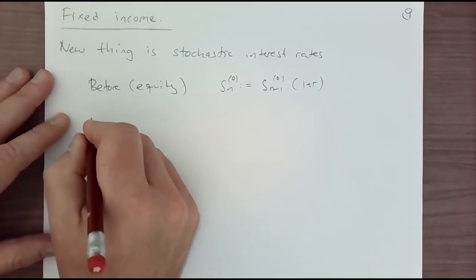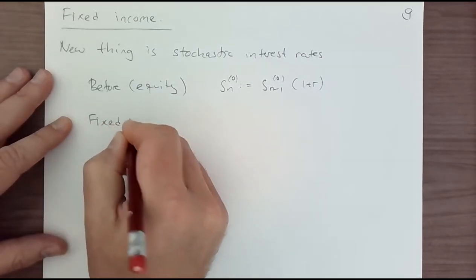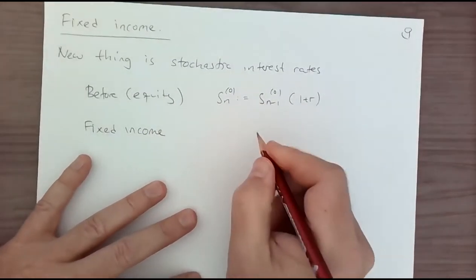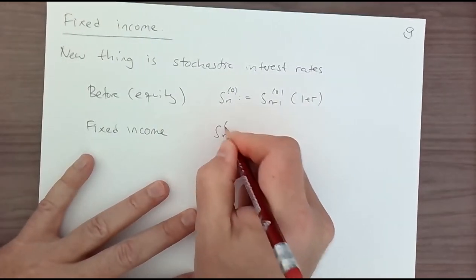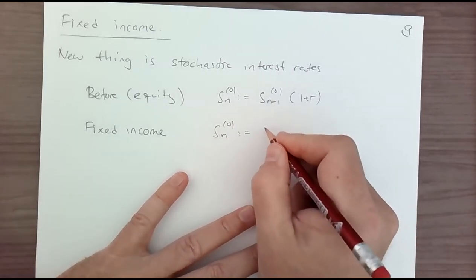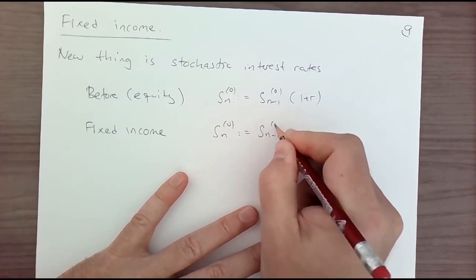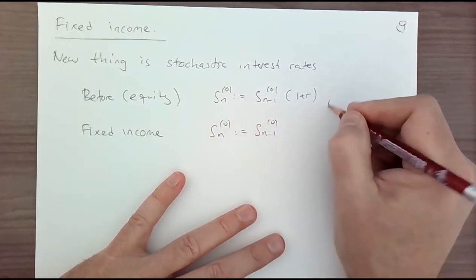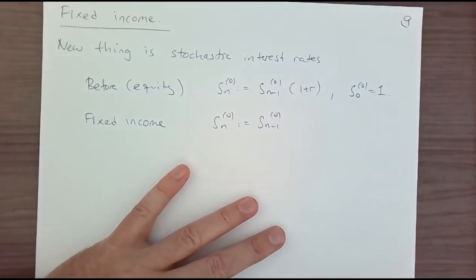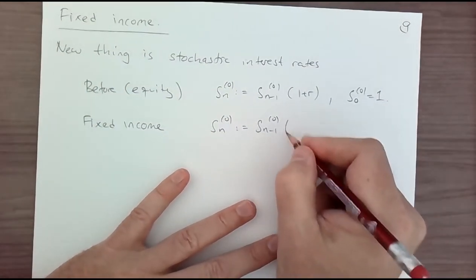So for fixed income, this is now going to change. The formula is going to look quite similar, but not quite the same. You're still going to have this recursive structure. You start out at 1.